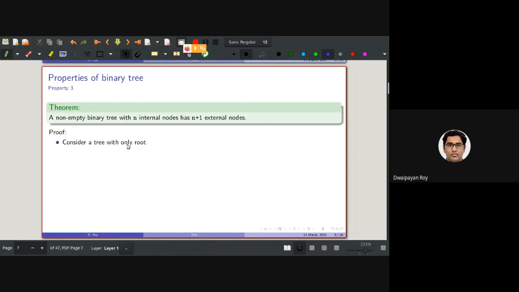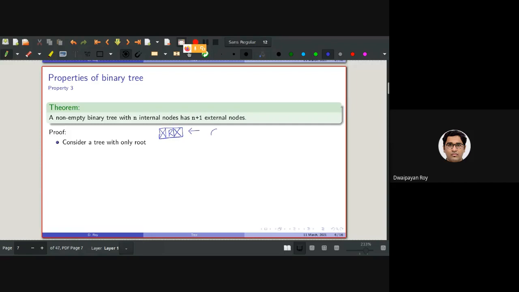All right, so to prove this, we'll be using induction. We will be considering a tree with only the root. So if I consider the linked list representation again, just for the discussion, the value, say R, is stored, and the left and the right subtrees are containing null values. In this case, can you say what is this? Is it an internal node or an external node?